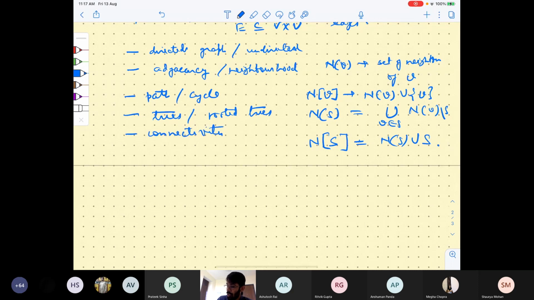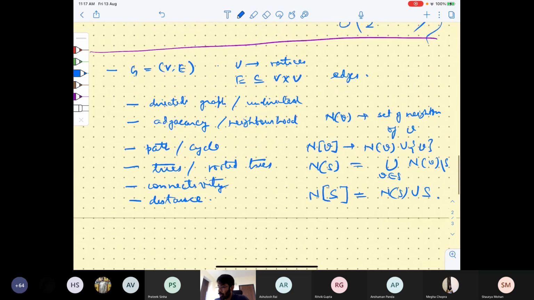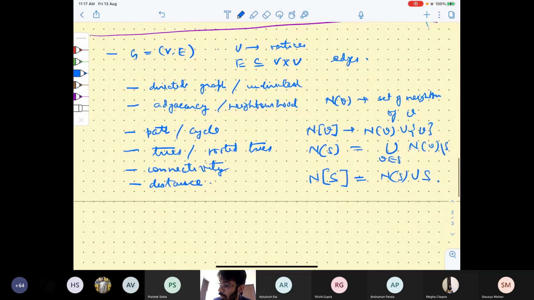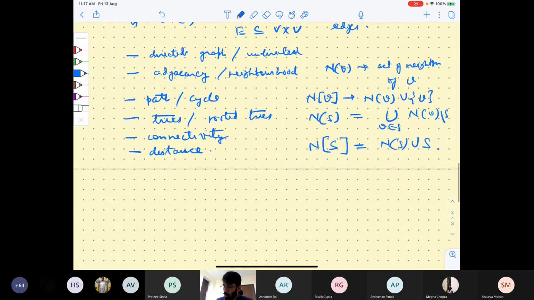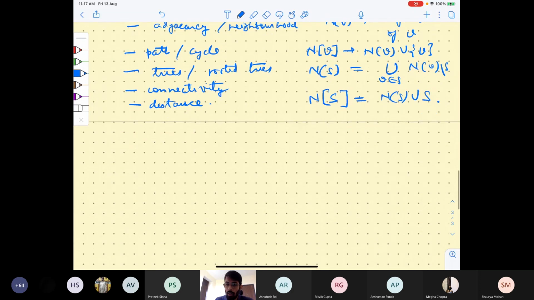As I said, connected graphs and complete graphs are different, so don't confuse the two. And distance. So these are the basic concepts. You just need to brush up the definitions if you don't remember them already. You can go through any discrete maths book, or even this book actually mentions these things, Kleinberg and Tardos. So you can just go through that.